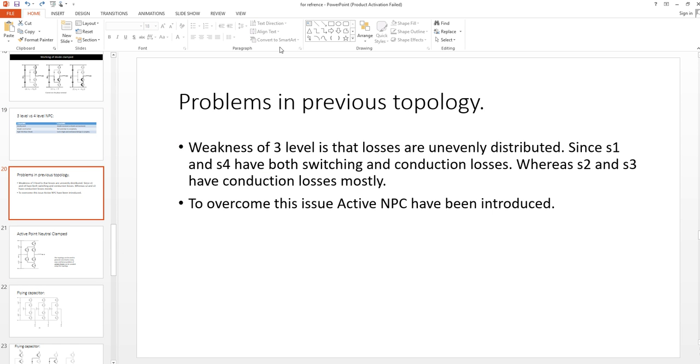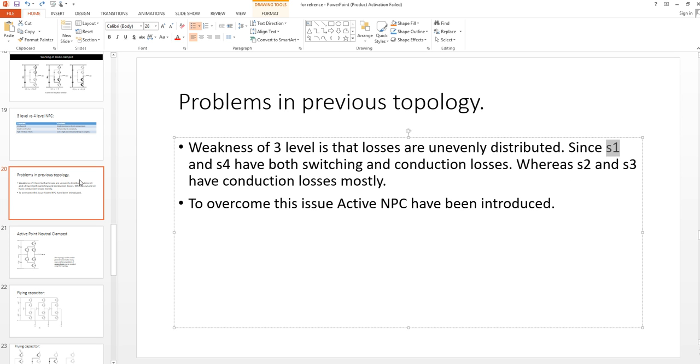this is the problem in neutral point clamp that we have previously discussed. The problem was that the losses are unevenly distributed. Like we have seen, we were using 4 switches.